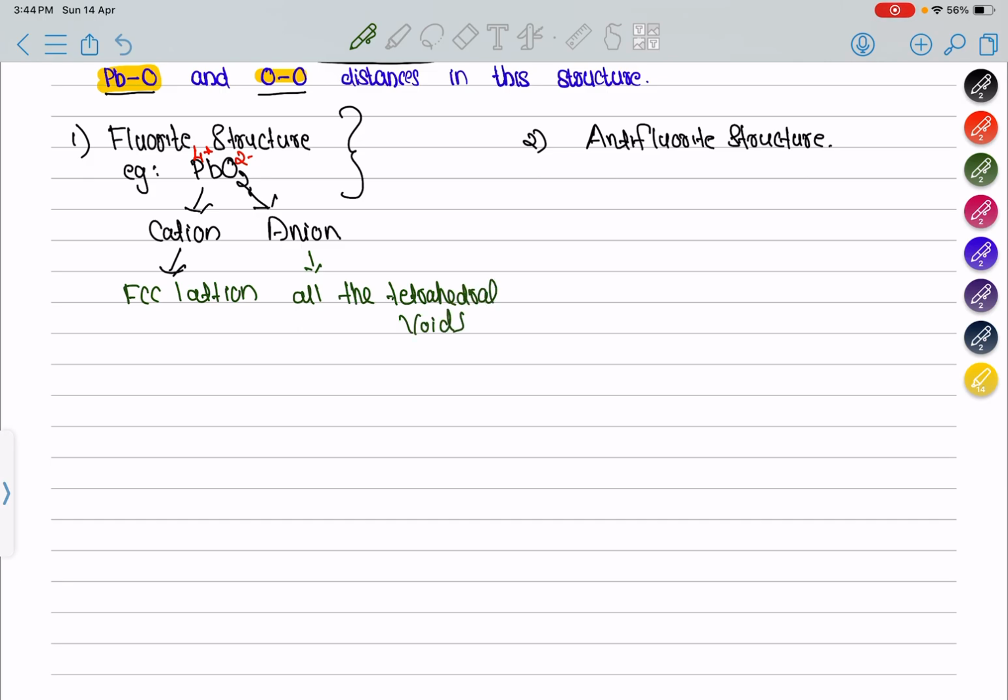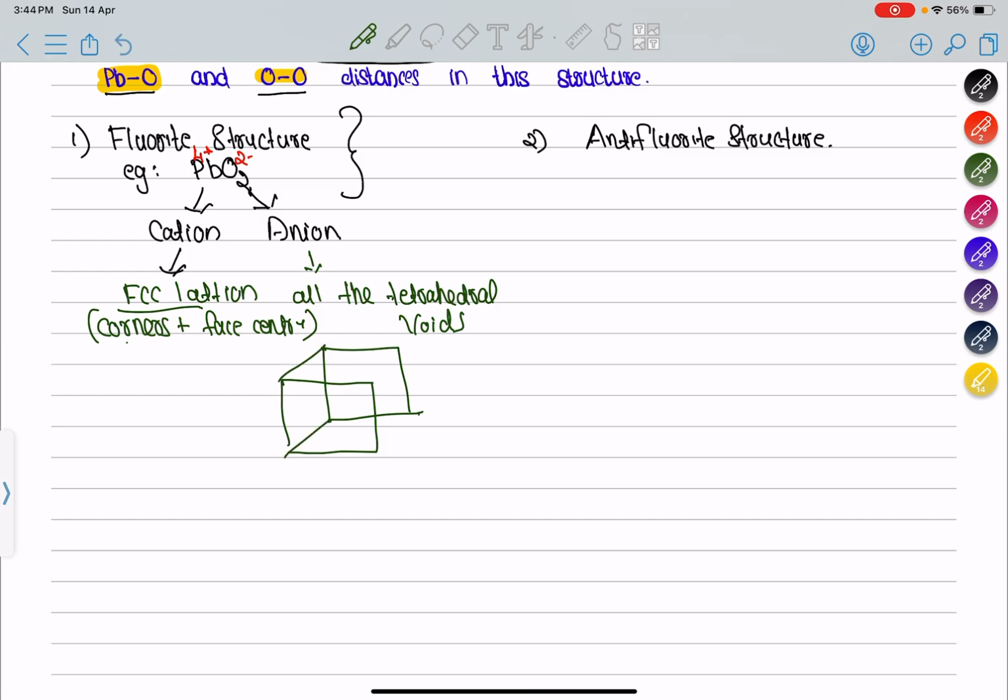Then what is an FCC lattice? FCC lattice means atoms or ions occupy the corners plus the face centers. And tetrahedral voids, you might know. Suppose I'm drawing one cube. In this cube, the tetrahedral void is at 1/4 of the body diagonal. Suppose this is one body diagonal and this is another.